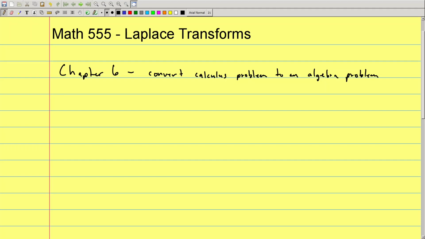In order to do that, we have a little bit of setup work to do because we need to understand exactly how these kinds of transformations are going to be set up. So what we're going to be using, and the main tool here, is an example of an integral transform.